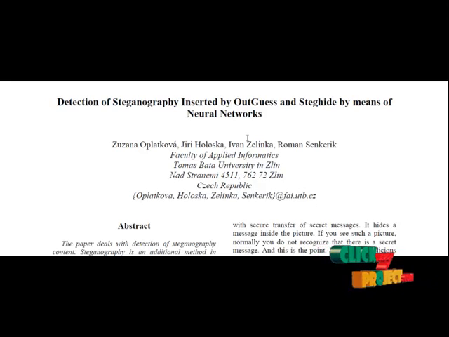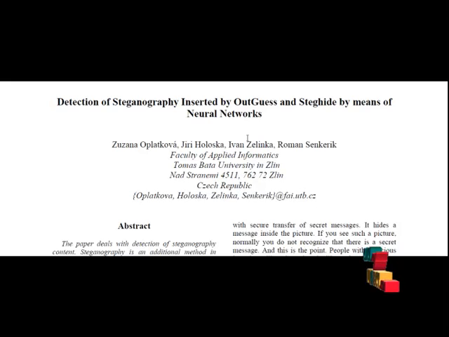This paper shows how neural networks are able to detect steganography content coded by the programs OutGuess and Steghide, using neural network training set methods which are very flexible in learning different and difficult problems. The paper focuses on the detection of pictures in which a message is coded by OutGuess and Steghide.